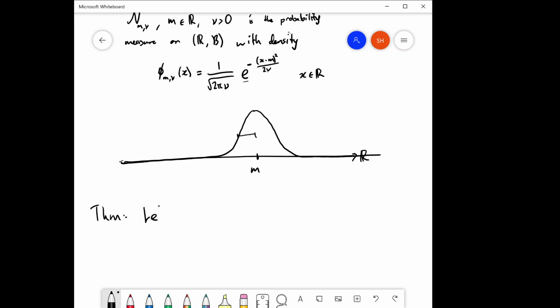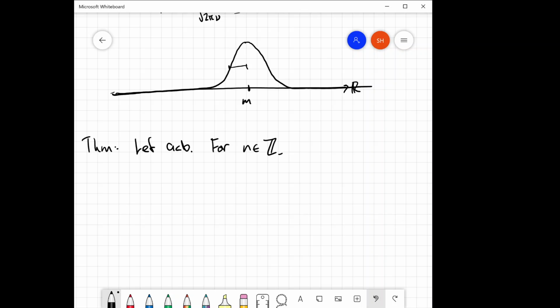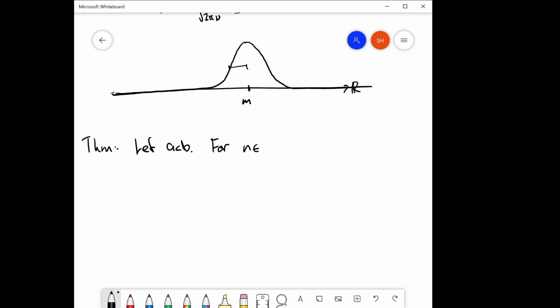Let a less than b, and for n in the positive integers, excluding 0, we let omega_n be the ball of radius square root n in R^n.